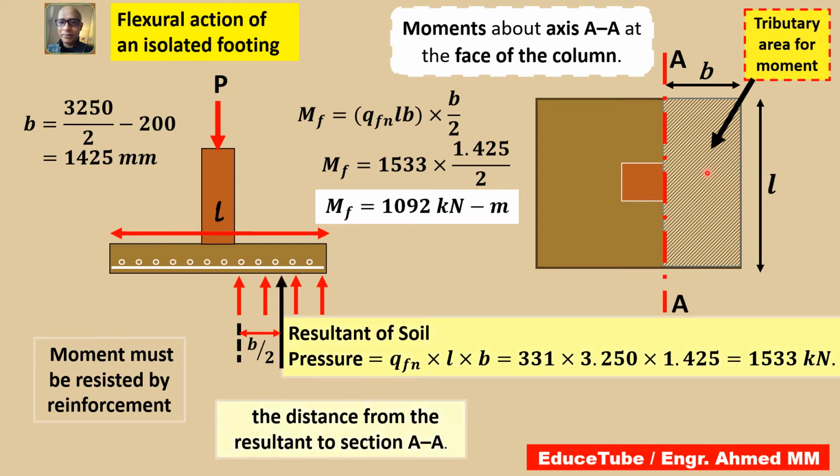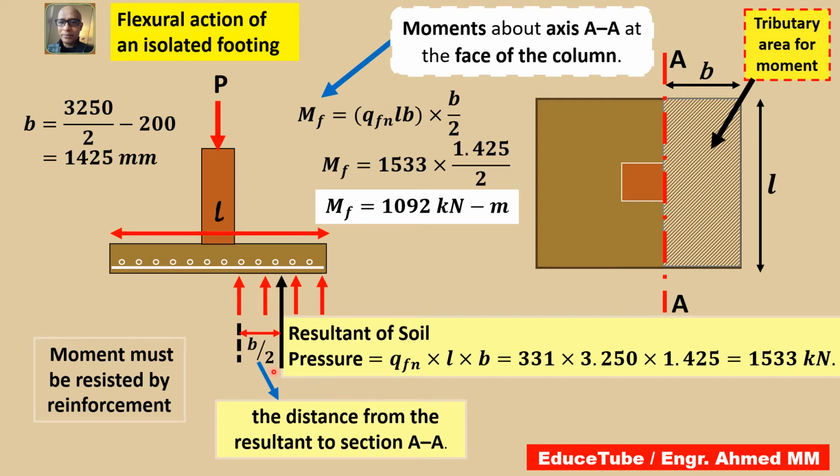The resultant of the soil pressure is QFN times L times B. This is L, this is B. If we multiply L by B by QFN, with QFN 331, already seen in the previous slide, 3.25 the length, and this value of B, 1.425, the resultant of soil pressure is 1533 kilonewton.